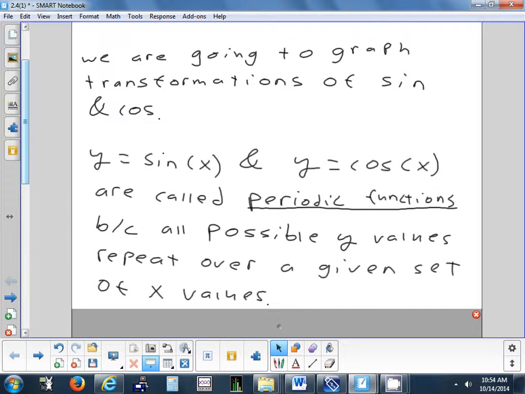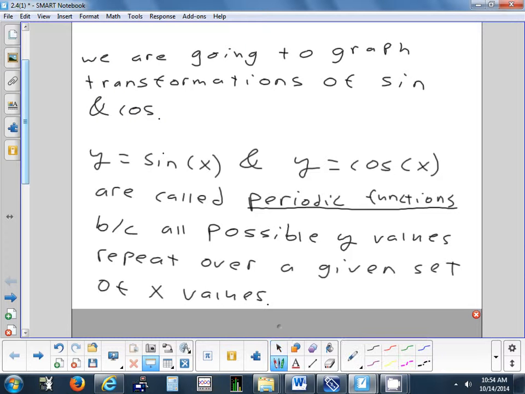So what happens is you're going to go through all these different y values, and eventually you're going to get back to the y value you started at, and they're going to repeat again. Okay, so all the y values repeat themselves over a certain interval.